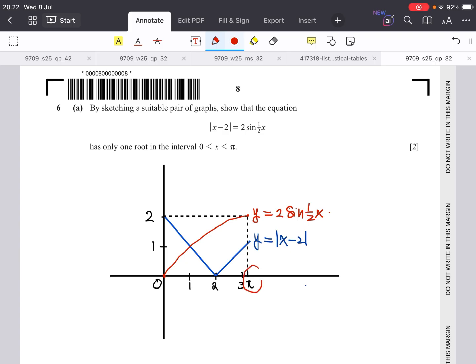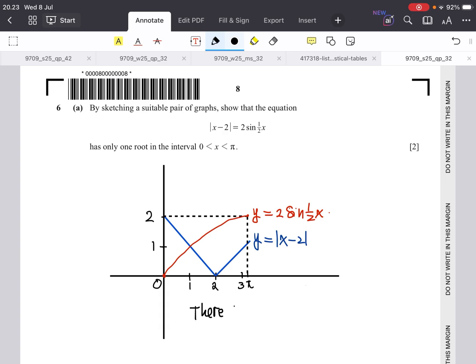And then when x is equal to pi, the value of y is 2 sine half pi, which is equal to 2. So as you can see, there is only one intersection point between these two graphs. Therefore, there is only one root in the interval from 0 until pi.